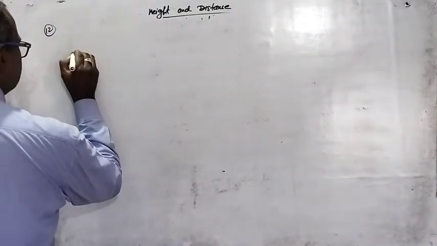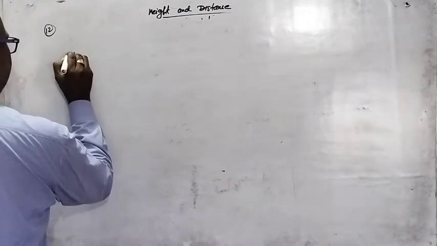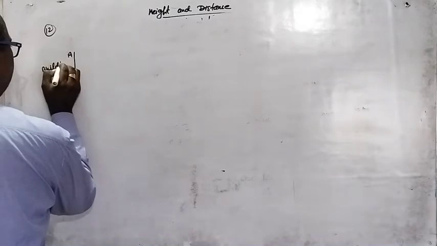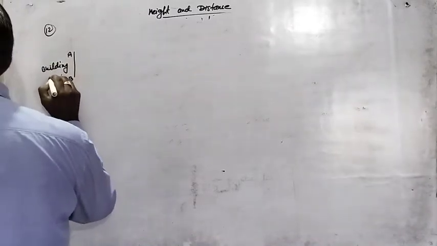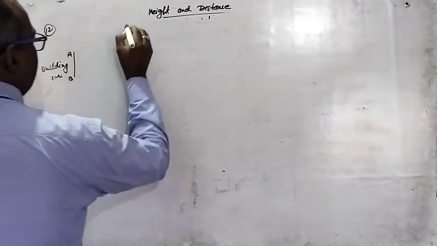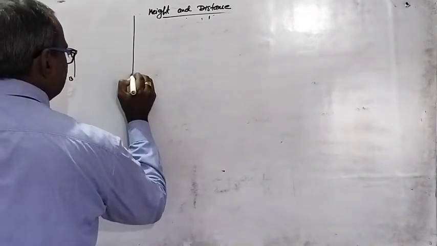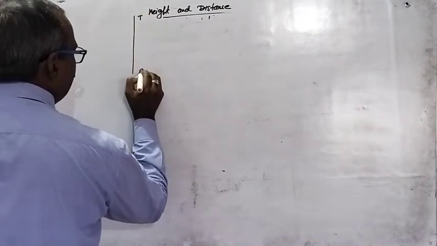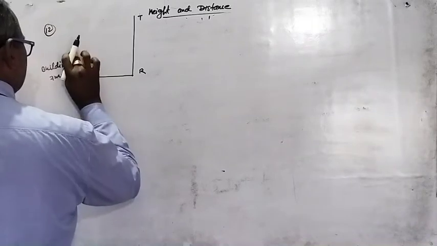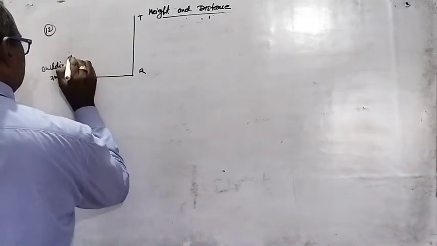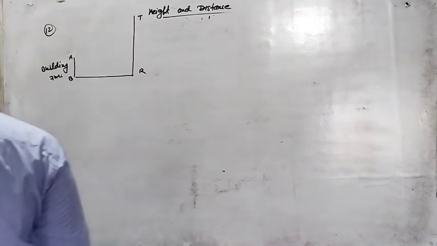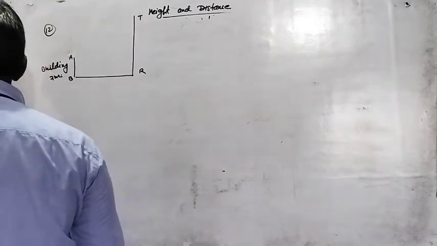Here let a building AB, building AB which is 7 meter high, and a cable tower TR. The angle of elevation of the top of the cable tower is 60 degree.